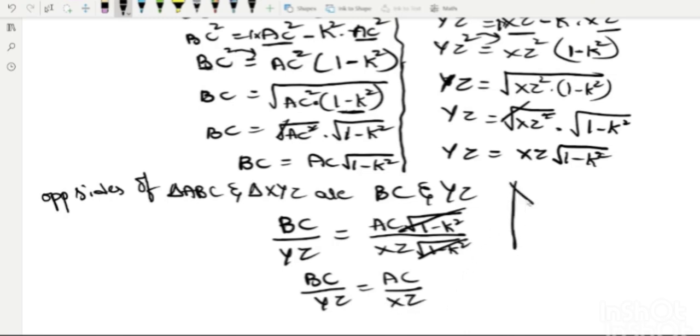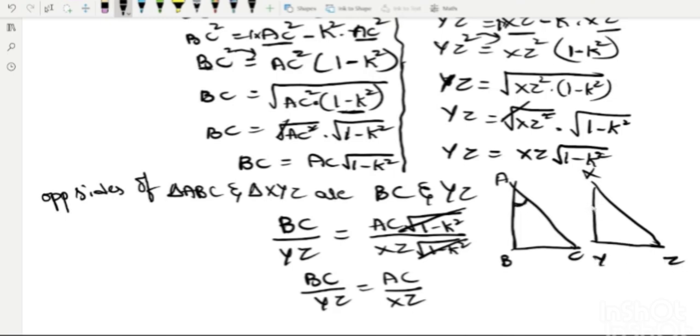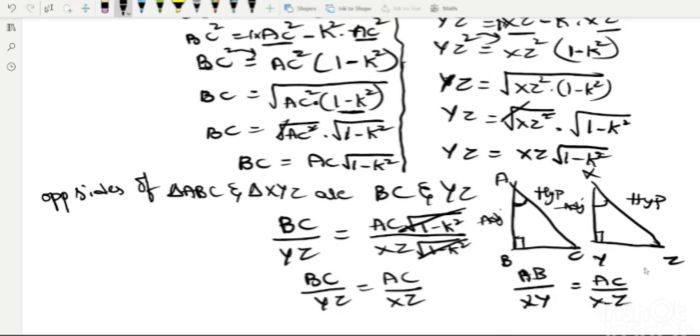So let me draw the rough diagram of both the triangles here. A, B, C, X, Y, Z. So the angle was here and this was the 90 degrees angle. So at the starting point we have proportionated the adjacent sides, which are AB upon XY, and then we have proportionated the hypotenuse sides, which are AC upon XZ.